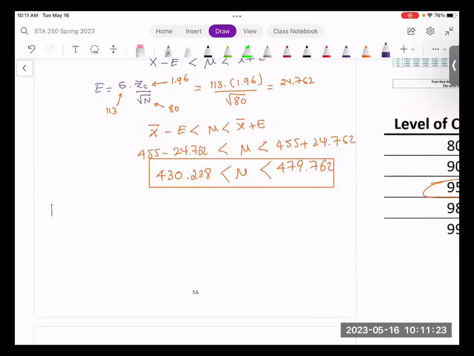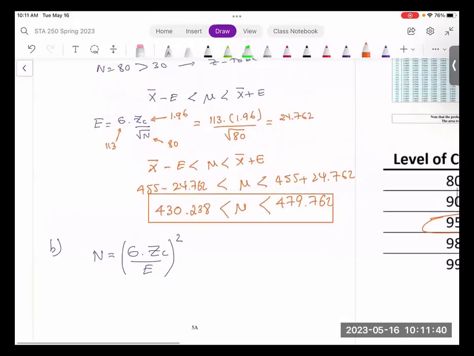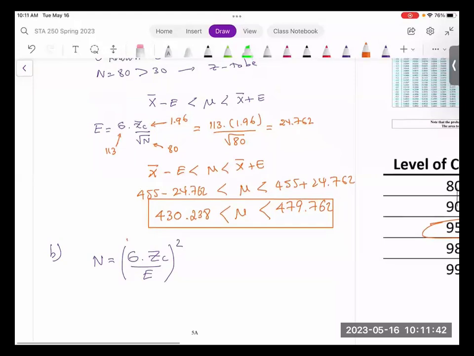All right, for B, the formula that you're going to be using is N equals sigma times ZC divided by the error, everything squared. I hope you located it on your formula sheet. Now, I want to figure out the values of this. The sigma is going to be fixed, 113, the same one.